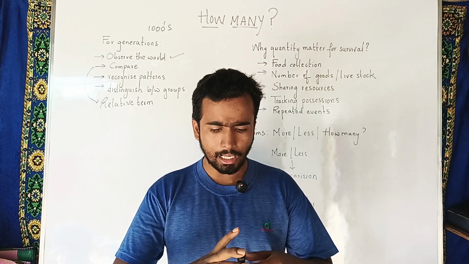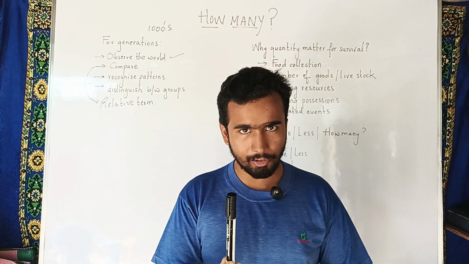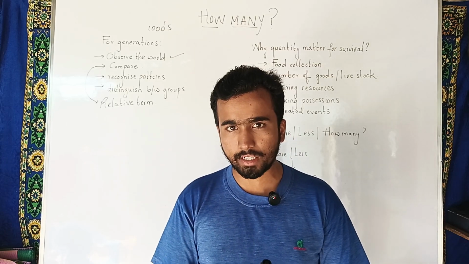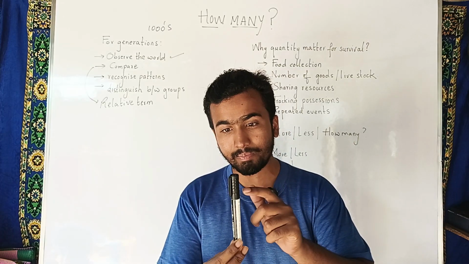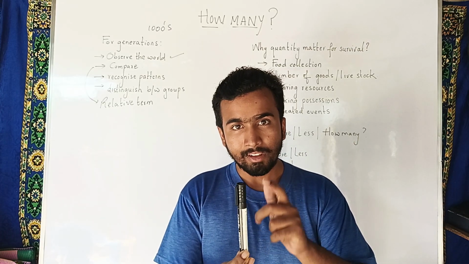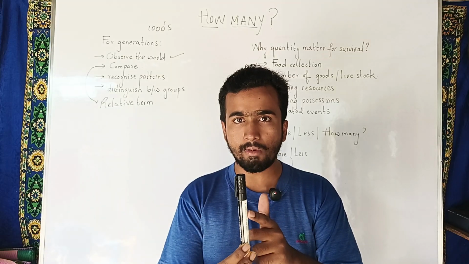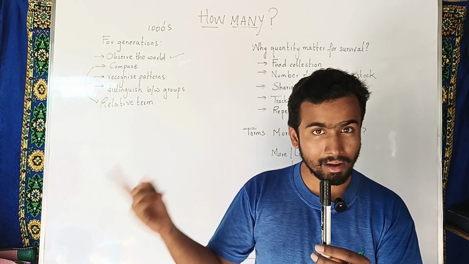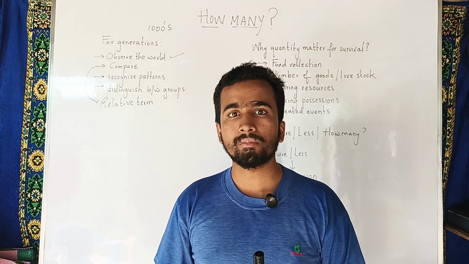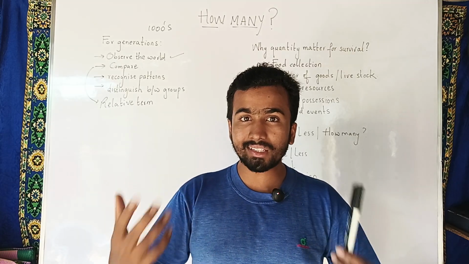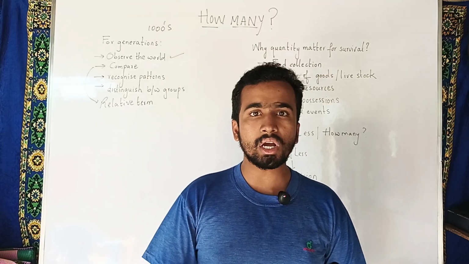So coming to comparison, we can't compare it because we don't have any relative object. If an identical marker is bigger than this one, we can say this marker is small. If there is a marker smaller than this one, I can say this marker is big. But there is nothing else in my hand to compare.